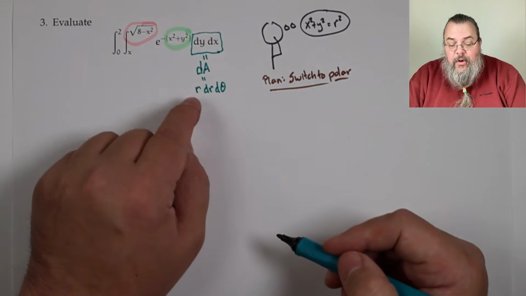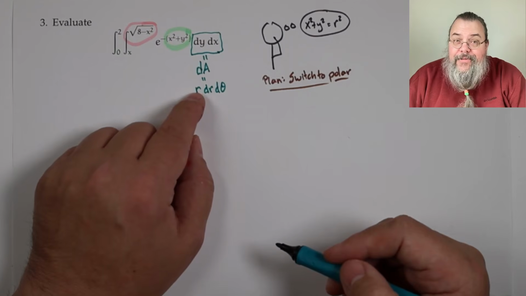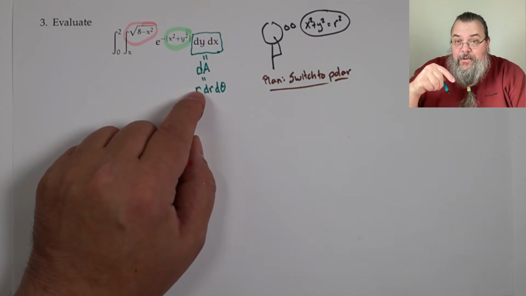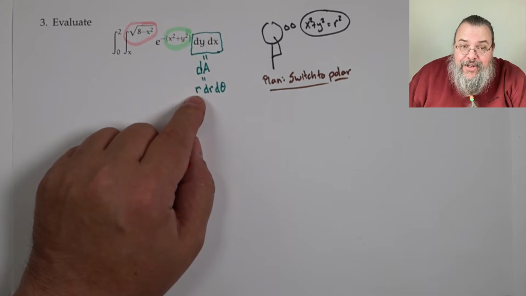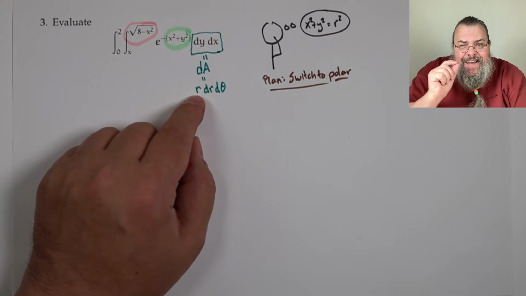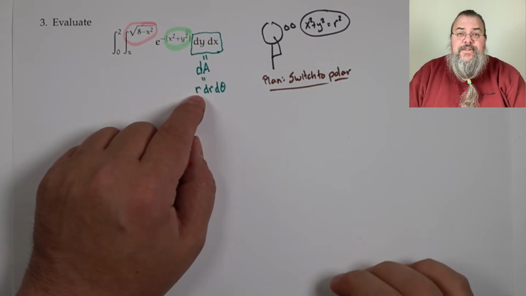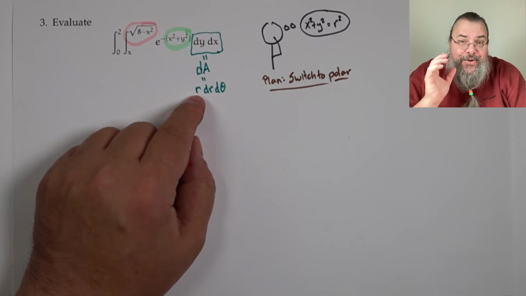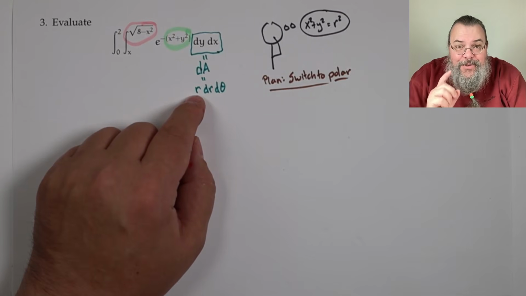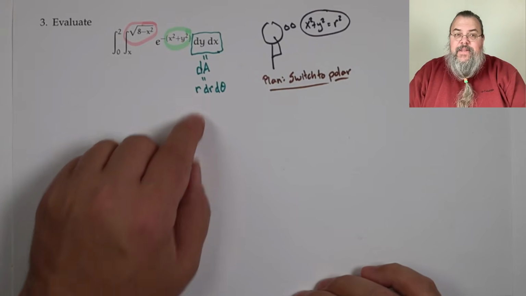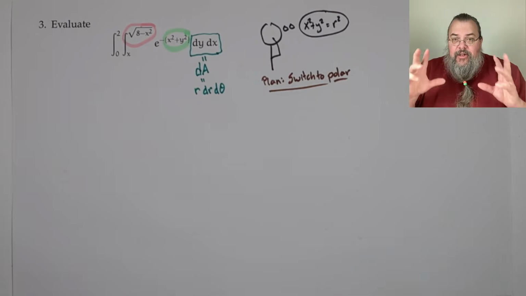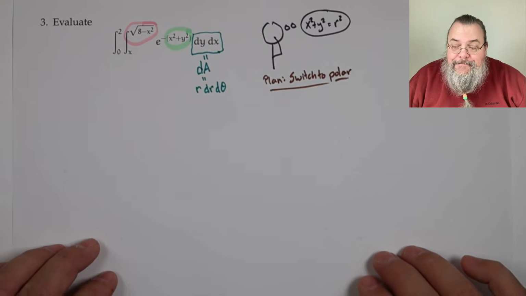And by the way, the whole reason why this whole grand scheme is going to work for this case and things similar to it is this introduction of this r. This extra r, which seems so harmless, so innocuous, will turn out to be just the thing we need to make progress. All right, so that's the dy dx. That's how we handle that.